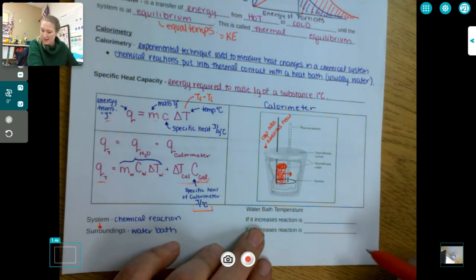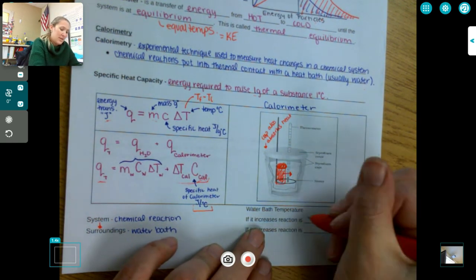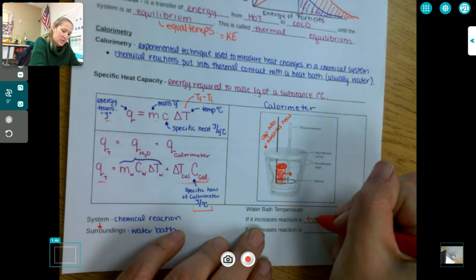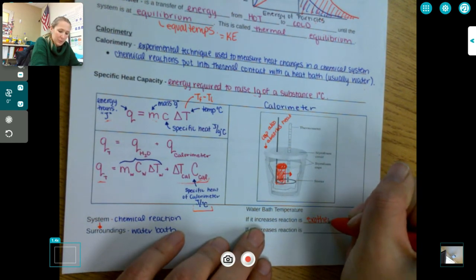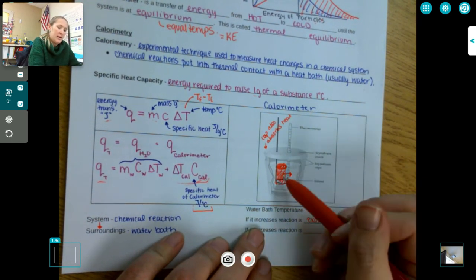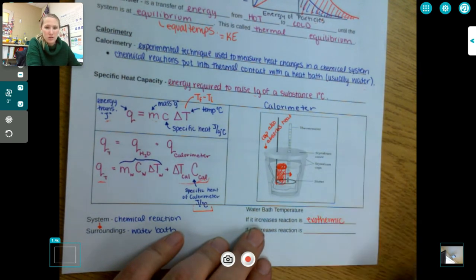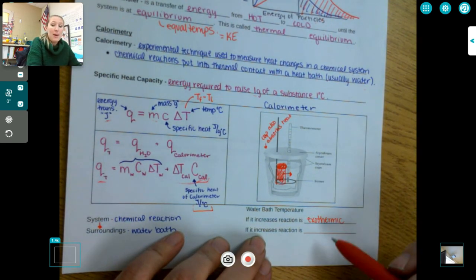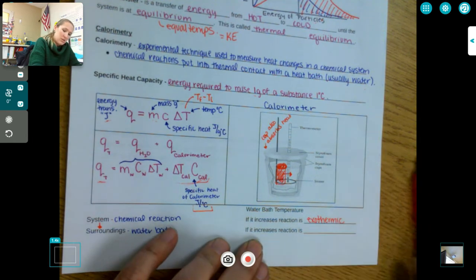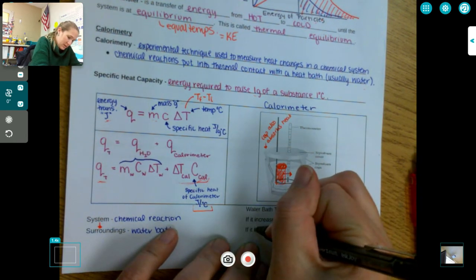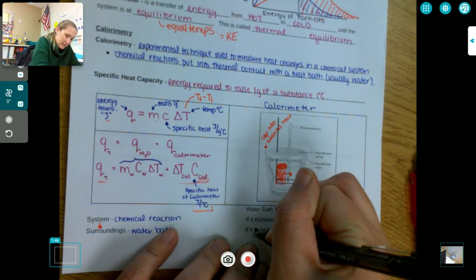So if my water bath increases in temperature, that means that my reaction is exothermic. Okay, my reaction is giving off heat energy to my surroundings. But if the water bath, that should say decreases. That doesn't make sense otherwise.